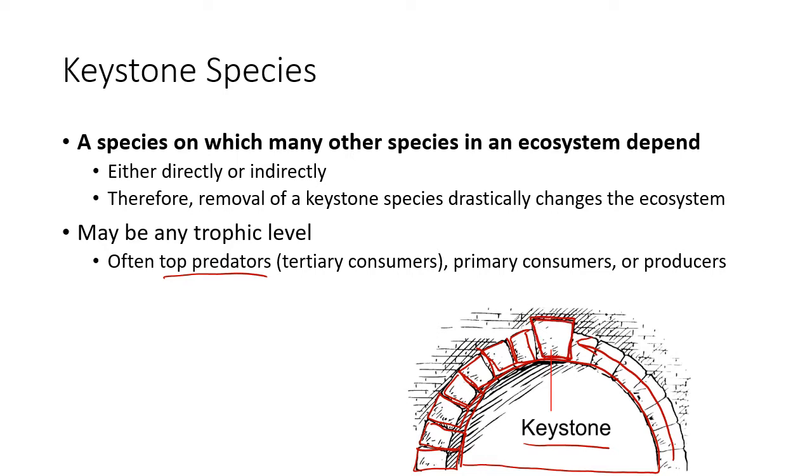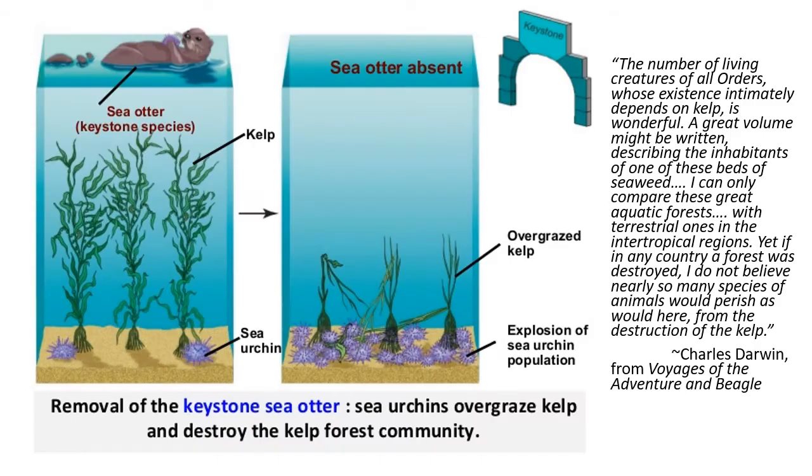You put that keystone in, and it is locking that arch in place, and then you can remove your wooden frame, and if all goes well, the thing does not collapse. So that's where the term comes from, the keystone of an arch. Without the keystone species, being the otter in this case, the entire ecosystem collapses.